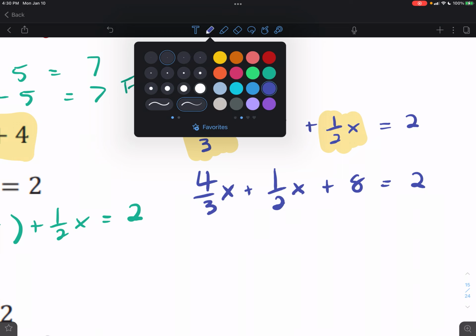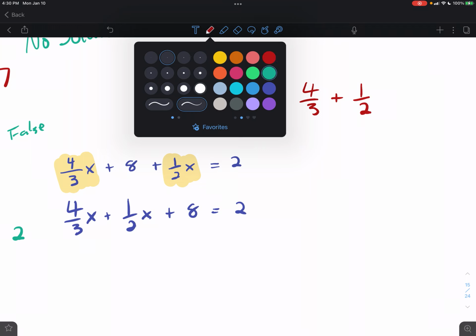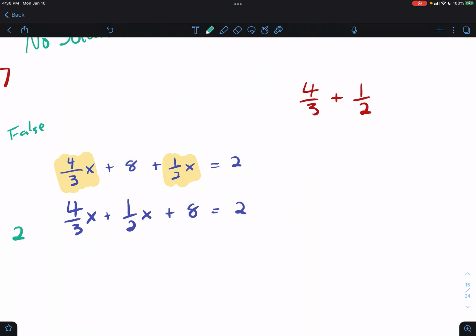So I'm adding 4/3 and 1/2. So I'm going to do a little side note for that. 4/3 plus 1/2. We need common denominators here. I'm going to simply multiply. So this is 3 and this is 2. So I'll just multiply them by each other. Quick and dirty way.